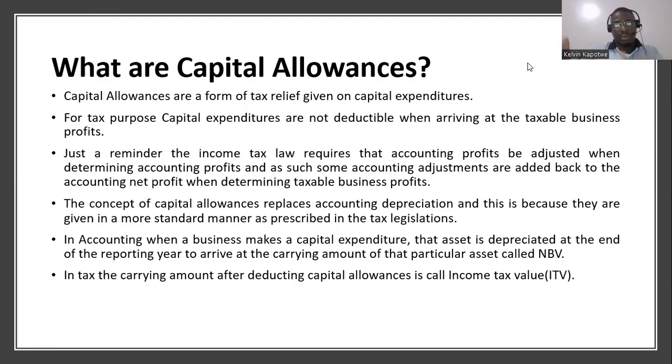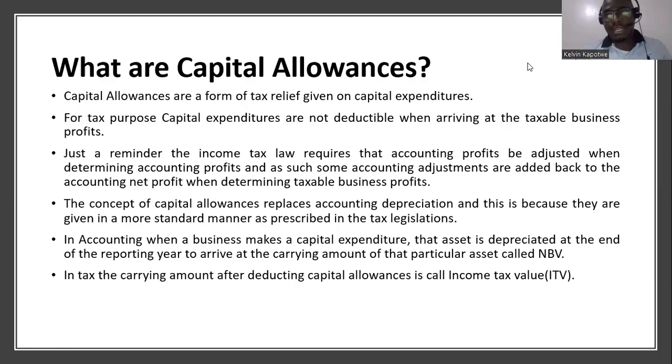In financial reporting, the word used is the carrying amount. In financial accounting, the common word used is the net book value. The book value of that particular asset as of December is net of the accumulated depreciation charge.